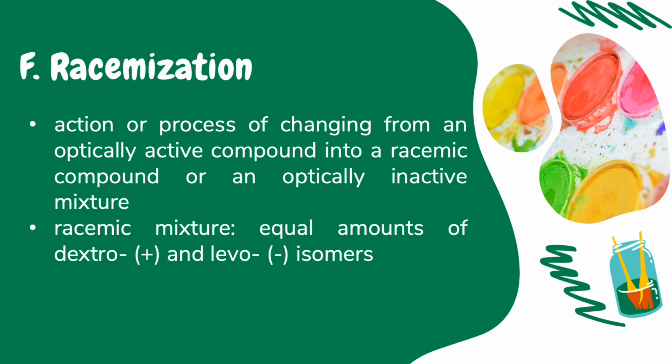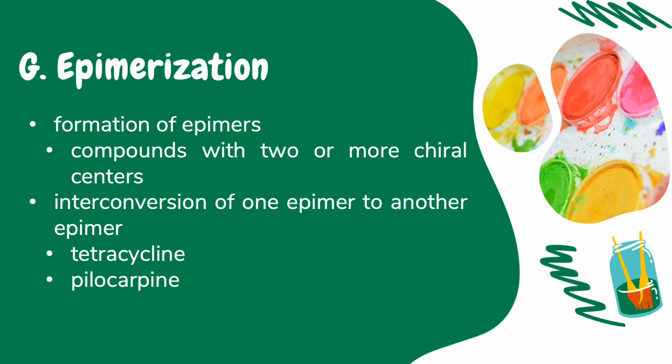For example, thalidomide, catecholamines, and local anesthetics. Epimerization. This occurs when epimers are formed by two compounds that have chiral centers. There will be interconversion of one epimer to another epimer. An example of this is tetracycline and pilocarpine.